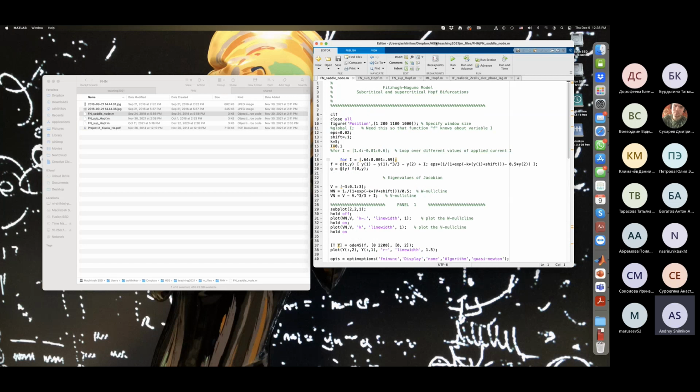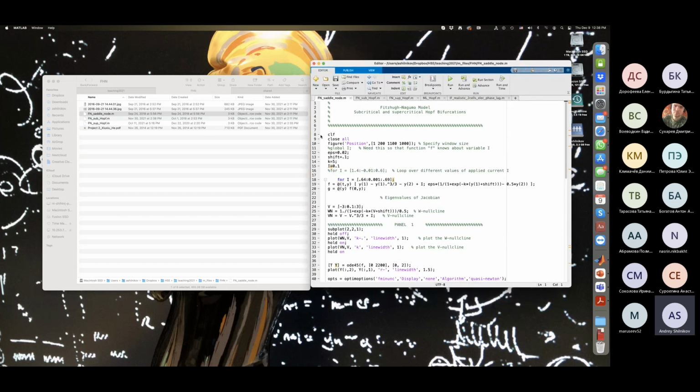It opens, and what you see here is the Fitzhugh-Nagumo model, and what I do is increase the external current from the value of 64 up to 69, one particular range, right? Let me run it.